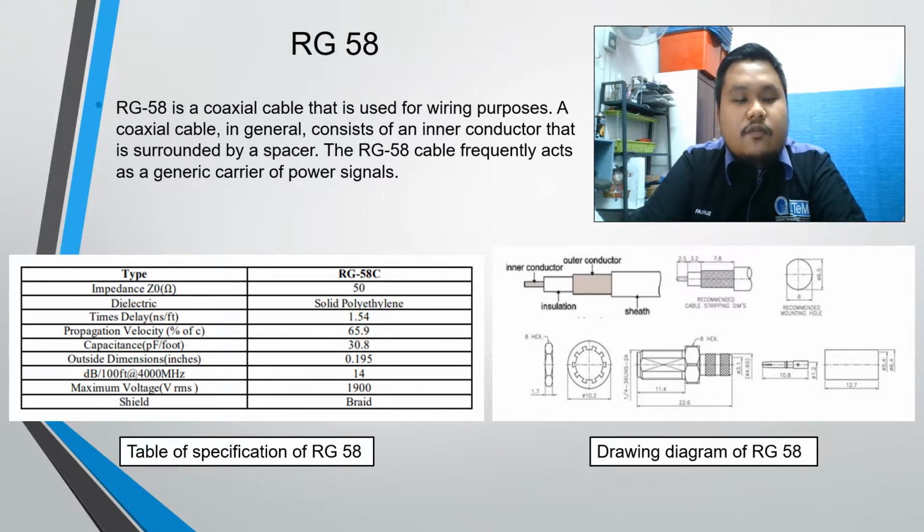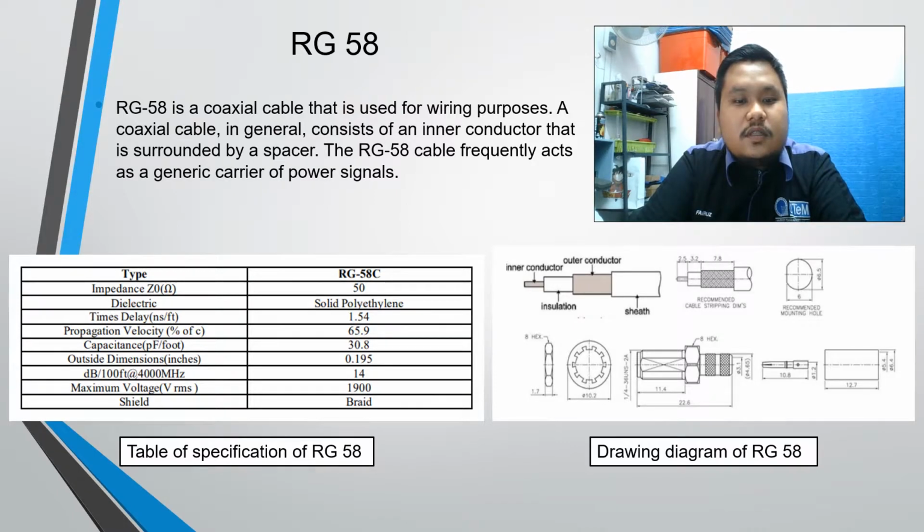The type of coaxial cable is the RG58C. The impedance of the coaxial cable is 50 ohm. The dielectric is solid polyethylene. Time delay is 1.54 nanosecond per foot. Propagation velocity is 65.9%.